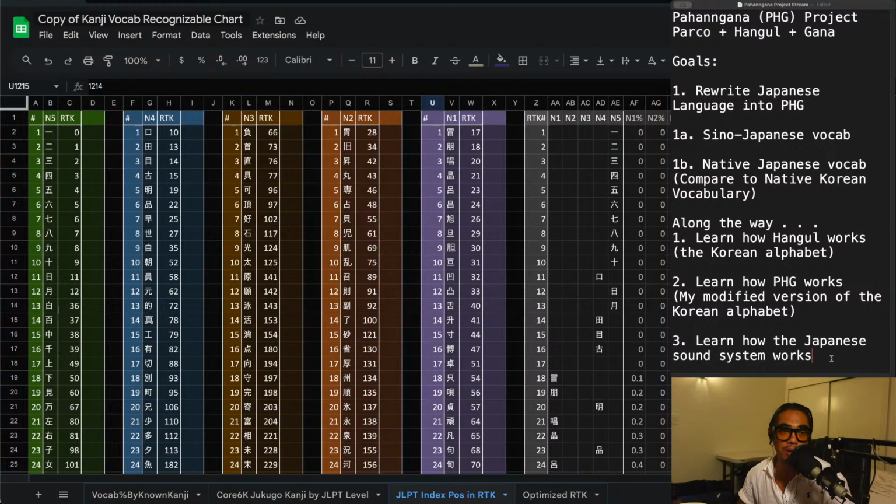This is definitely more of an academic project. Linguistics can definitely help to learn Japanese, but the best way to learn Japanese is just to speak it a lot. That's not the point of this project. The point is really just to answer a question: what happens if we rewrite the Japanese language into Hangul, or the Korean alphabet?